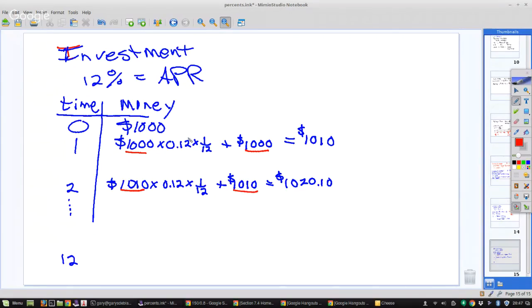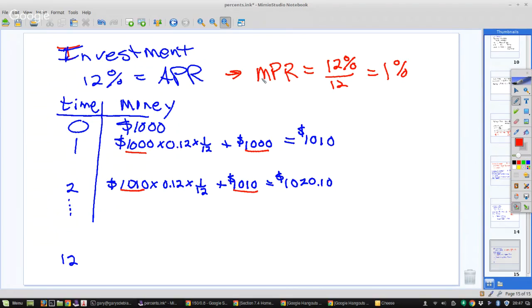I'm going to take this base amount, which is a monthly rate. So let's take a note that we're going to take that APR, we're going to turn it into a monthly percentage rate, which is 12%. 12 over 12 is 1%, so it chills out there. The 1,000 or the 1,010, that's 100% of what I started with.